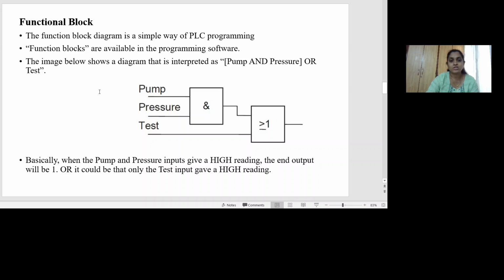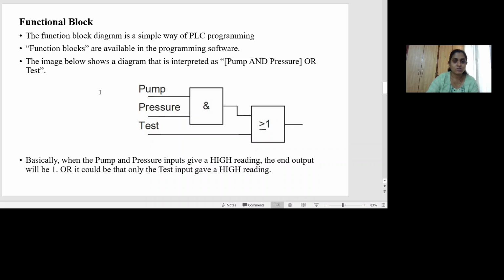In such cases, we can use the functional block diagram, because common and repeatable tasks are just added. These may be tasks like counters, timers, and PID loops, which are used most of the time in a program and repeated a number of times.